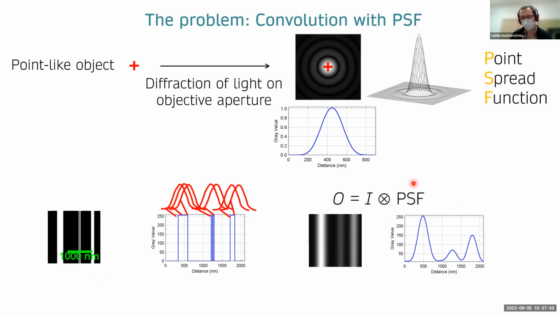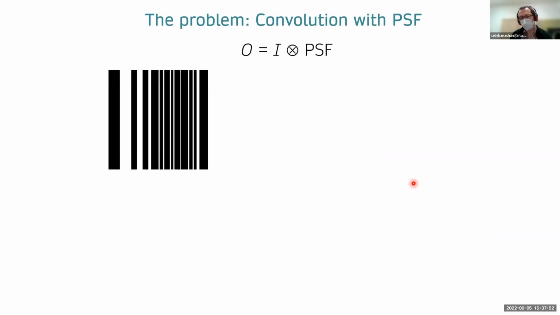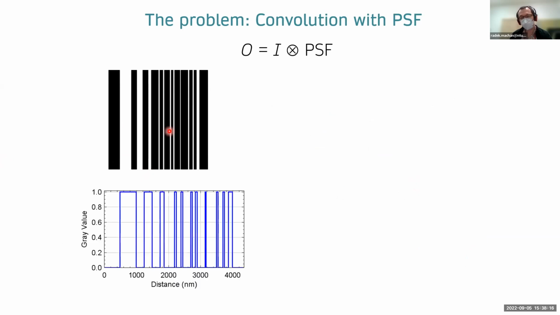So that's stating the problem we are facing. Let's see another example. This could be the ground truth. Obviously this is not a real image. It's a simulated image which consists of different stripes, and that's useful to demonstrate the resolution of the image.